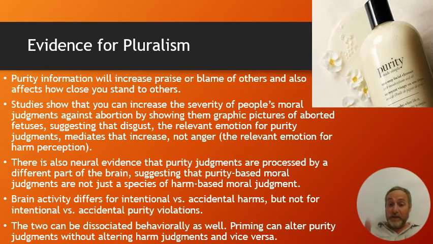If I see someone intentionally kicking a puppy, a certain part of my brain will fire, whereas if I see someone accidentally tripping and kicking a puppy, a different part of my brain will fire. But if we see purity violations, somebody accidentally eats roadkill as opposed to intentionally eating roadkill, the same part of the brain fires for that. So again, it shows an asymmetry between purity violations and harms, suggesting that we've got two separate things going on. Purity violations aren't just harm, but their own thing.